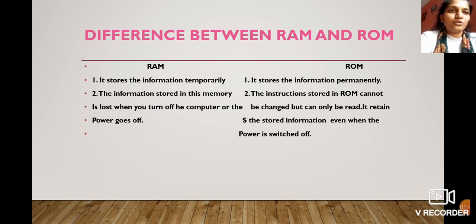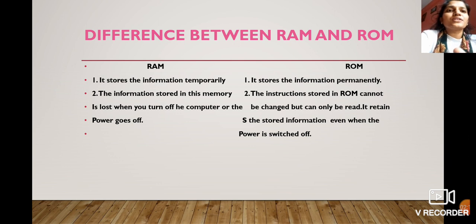Please pause the video now and write down these 2 points. You are going to type these 2 points only in MS Word. So you have to differentiate between RAM and ROM. The first one is that RAM stores information temporarily, and ROM stores it permanently.